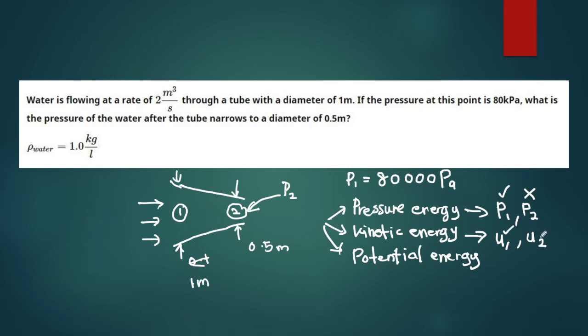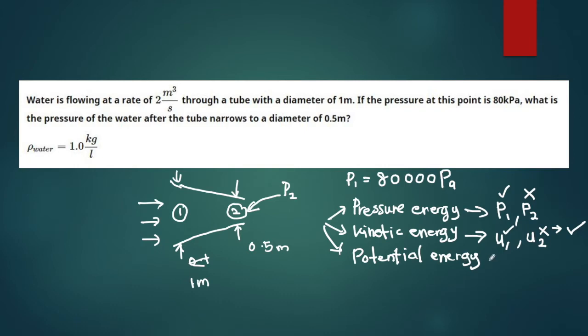What about velocity at 2? Velocity at 2 is not given. Can we solve this unknown? Yes, by using the continuity equation, we can solve the U2 value.